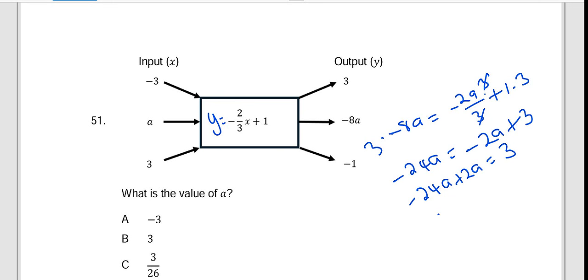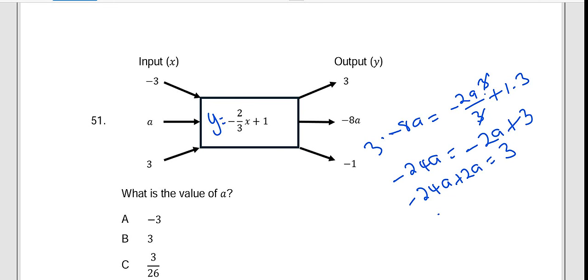Guys, did I make any mistake here? This is -2, yes, it's -8, so it's going to be -24A. No, I did not make any mistake.